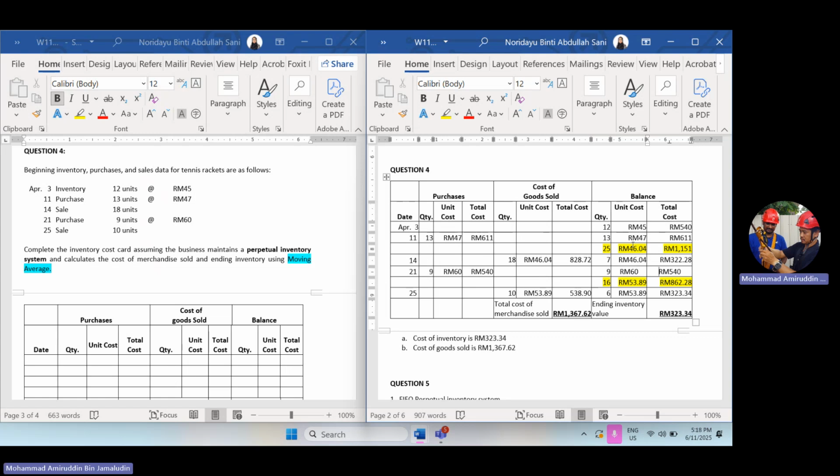Which one is easier for you? Just asking. Many students cannot score for this one. Not only you, even accounting degree students are like that. Why? They forgot: divide this, get this.